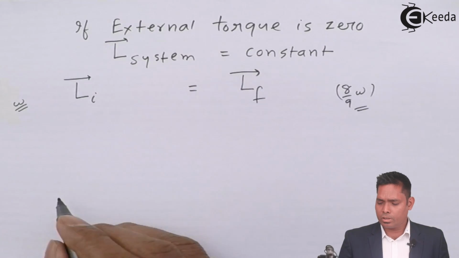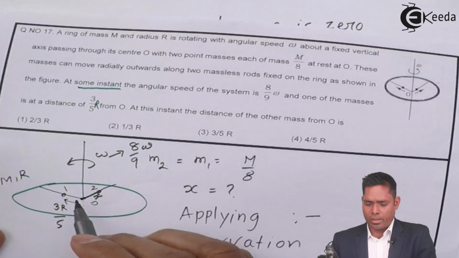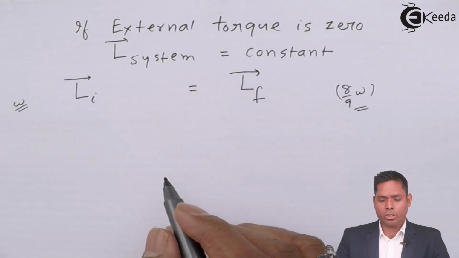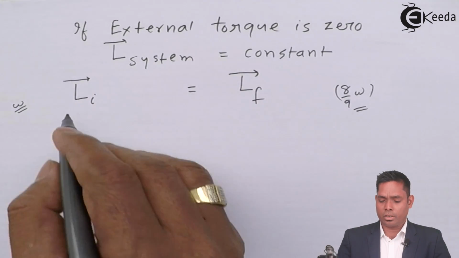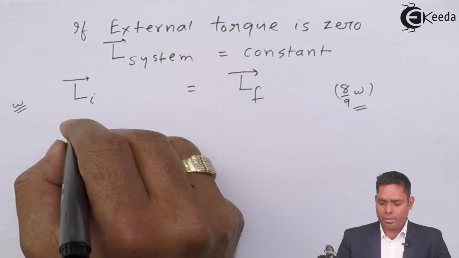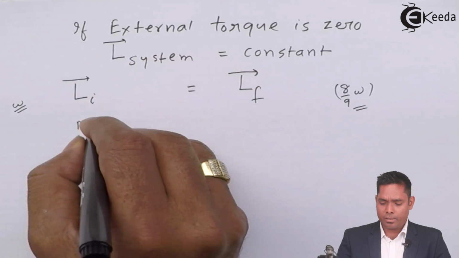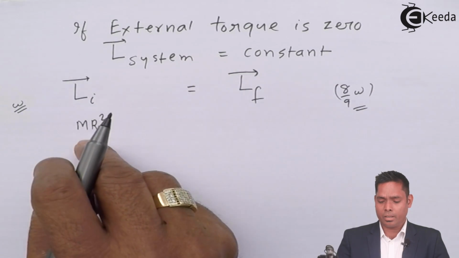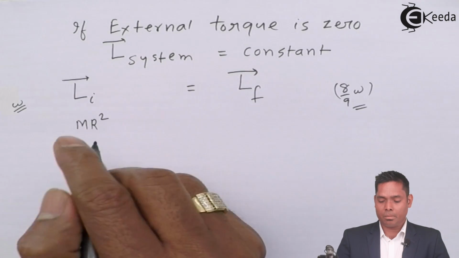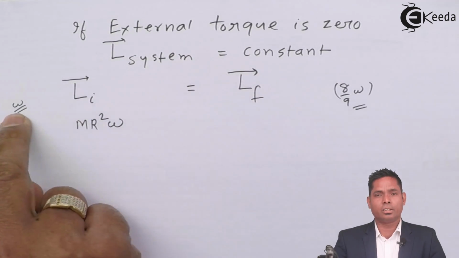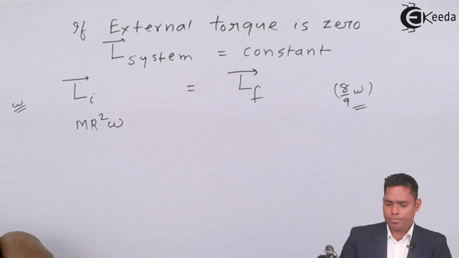So initially only the ring is rotating and it has pure rotation. In pure rotation, the angular momentum of the rotating ring will be I omega. I is mr square, since the ring has mass m and radius r, multiplied by omega, because omega is its initial angular velocity.